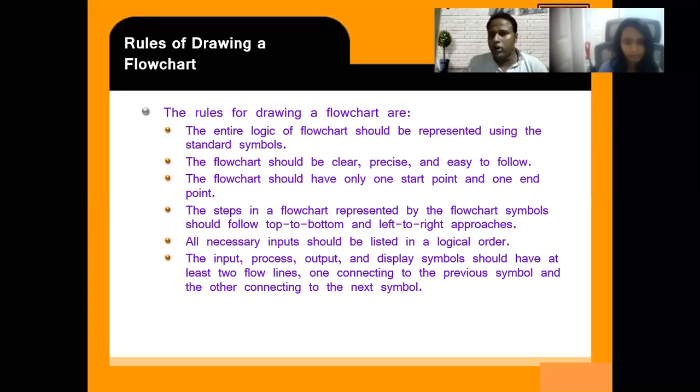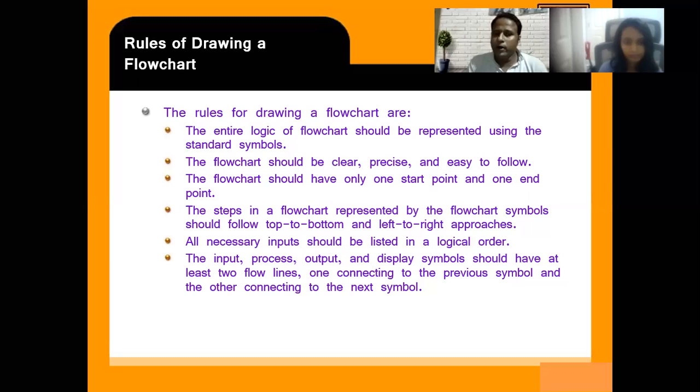So whatever logic and statements you want to write, you have to write using the flowchart symbols. All necessary imports should be listed in a logical order because your program follows a step-by-step process. So you give the imports in logical order.